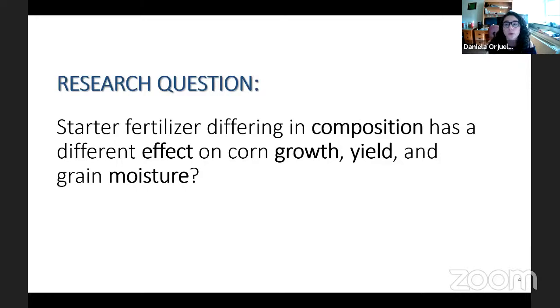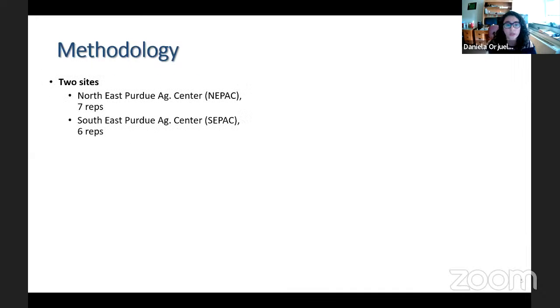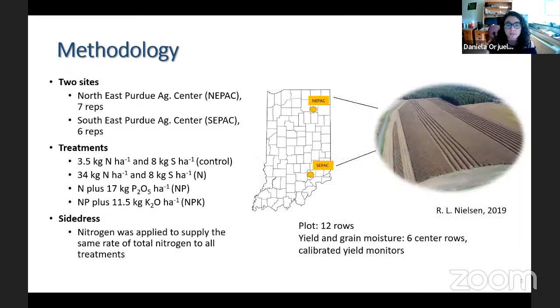And to answer this question, we developed a methodology. So we had two research sites. One was at NEPAC, that is Northeast, and Southeast, that is SEPAC, here in Indiana. And these two research sites are large-scale field research or large plot scales.